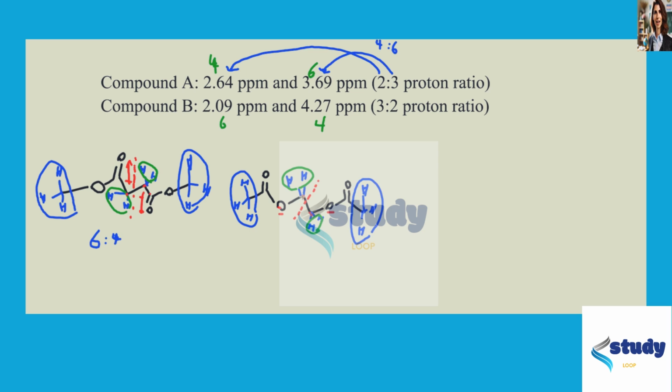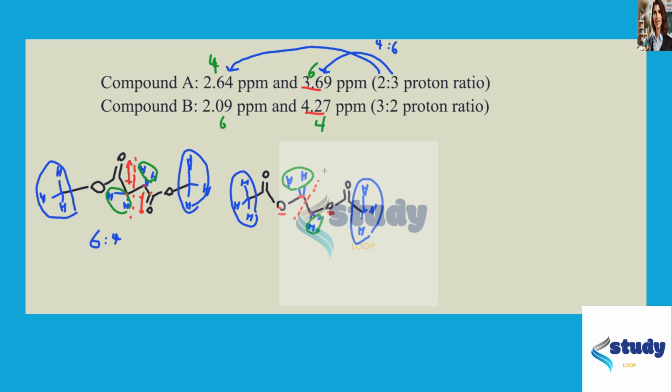Or another way of saying this is that the closer your protons are to an electronegative atom, the more downfield shifted they are going to be. So these on the left had an entire carbon between them and the electronegative oxygen atoms, but these protons here are directly bound to the oxygen atoms. So it's very obvious that these are closer to the electronegative atoms. Therefore, these will be more downfield shifted, meaning they have a greater ppm value than 3.